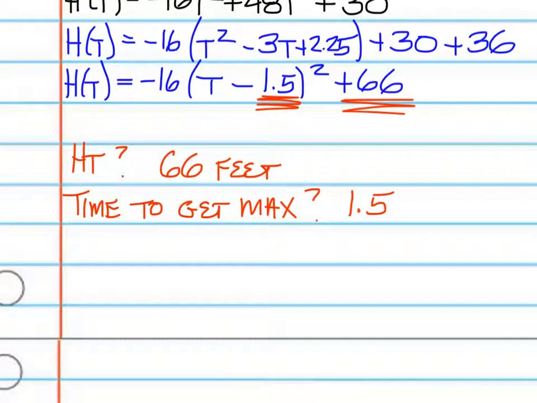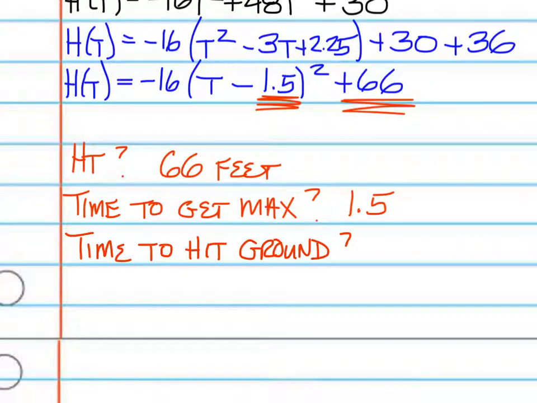And the last question is time for it to hit the ground. This is where you have to complete the square, or actually we've completed the square, but you have to solve by completing the square. And solving it by completing the square is not difficult at all.